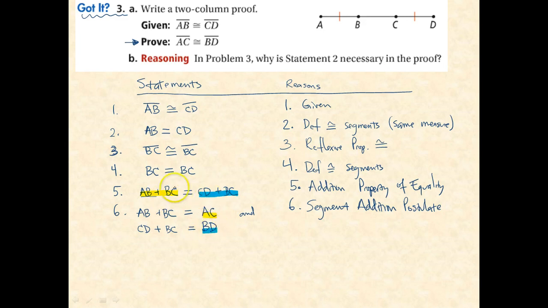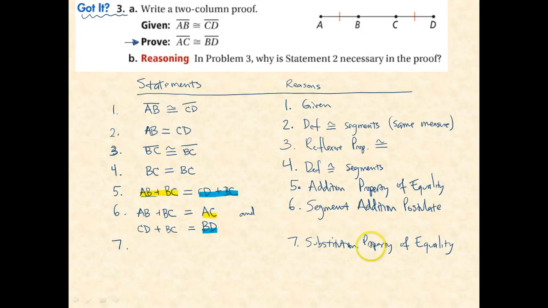And since these two were already equal, we can use the substitution property of equality to say that the length of AC is equal to the length of BD. Right? I'm just substituting AC into this side of the equation and BD into this side of the equation.